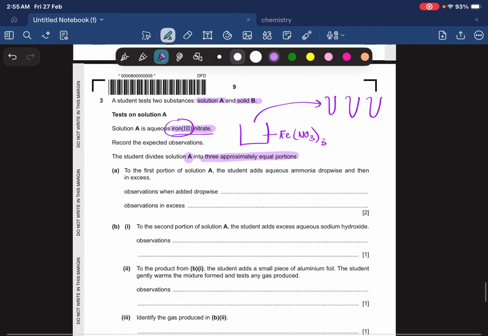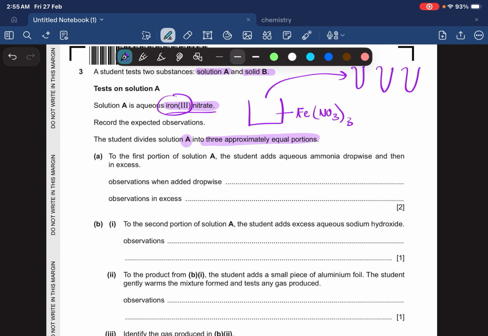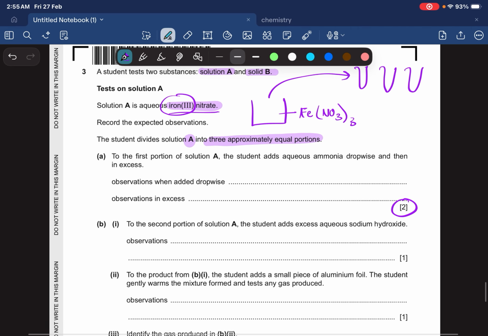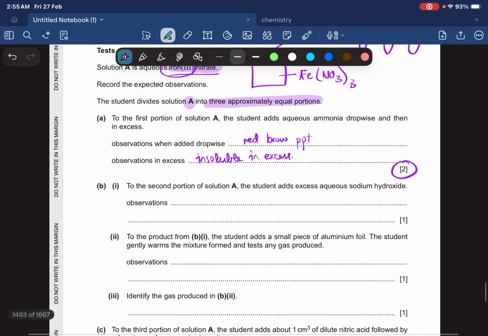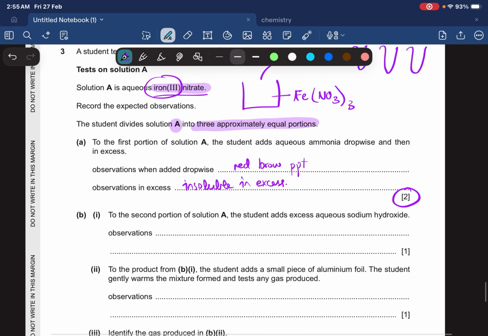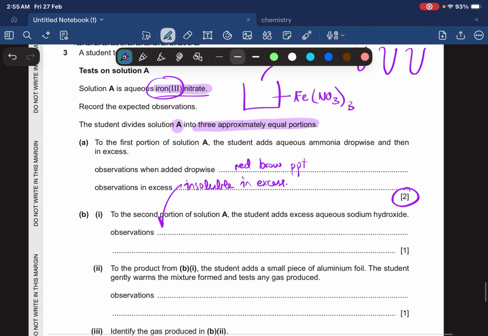I don't think this part needs any explanation. You just have to copy paste stuff. You're getting 2 marks for just copying it from below. Red-brown PPT, and you write insoluble in excess. To the second portion of A, the student adds aqueous sodium hydroxide. You just copy this and write it over here. That's so easy.